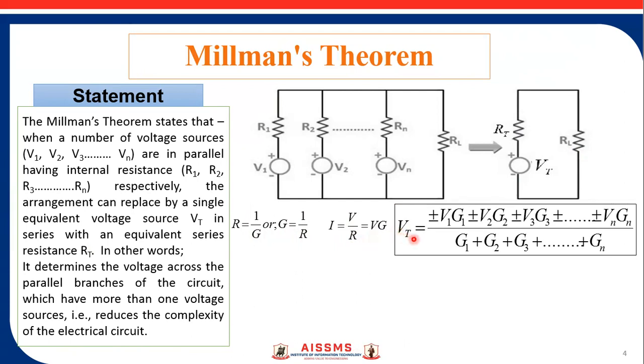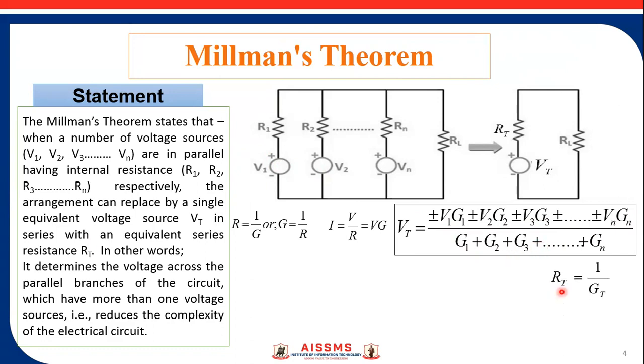Now, as per Millman's theorem, Vt equals plus or minus: if the upper side of the voltage source is positive, then positive, and if the upper side is negative, then negative. Plus minus V1 G1 plus minus V2 G2 plus minus V3 G3, and so on, divided by G1 plus G2 plus G3.